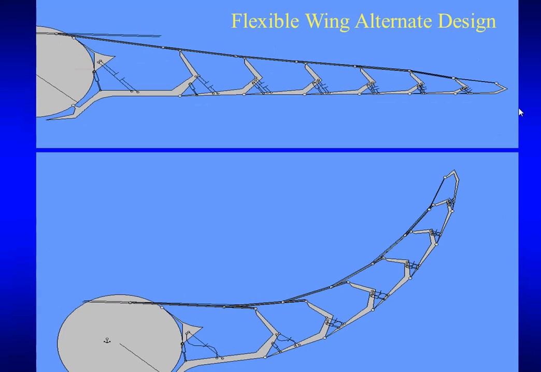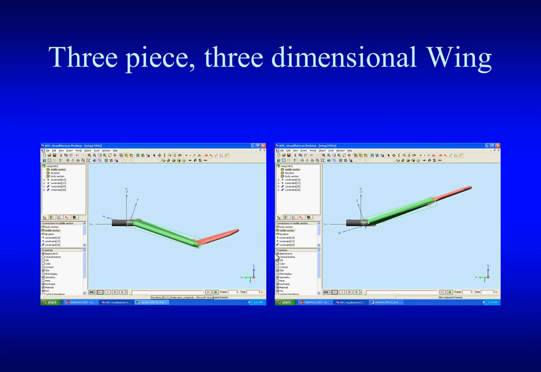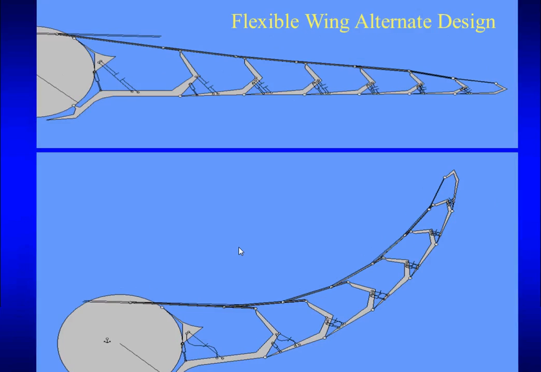So there are different concepts of flexible wings with alternative design. Or you can have this one, a 3D model. Or you see, that could actually change things. This is good.